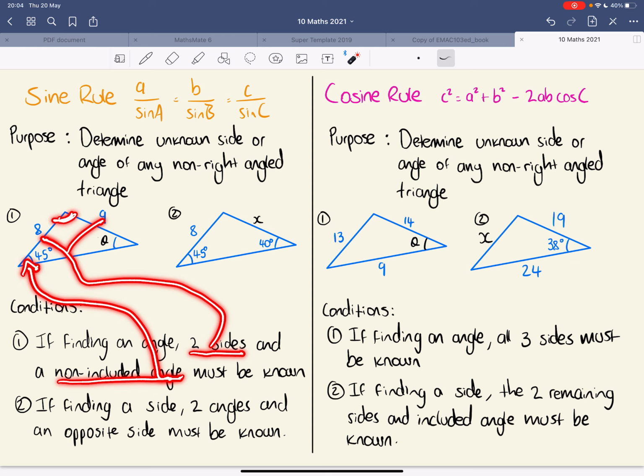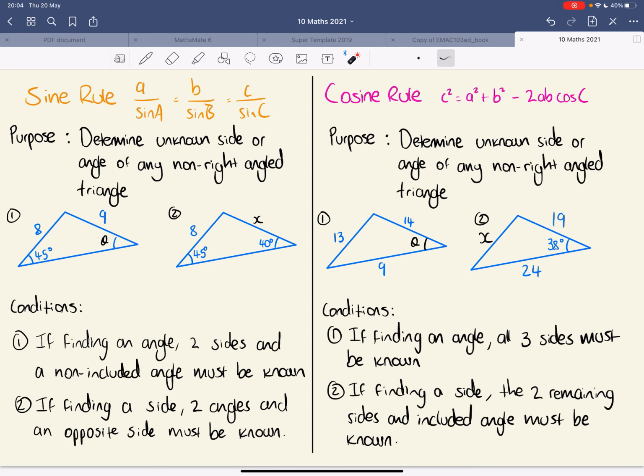We're not looking for that one, because then you wouldn't have a corresponding side. So essentially what we need is the ratio between a side and angle that you know, and the ratio between a side and an angle where one of them you don't know, which you're asked to find. For either scenario 1 or 2, the only difference is that in this case you don't know the side, and in this case you know the angle.